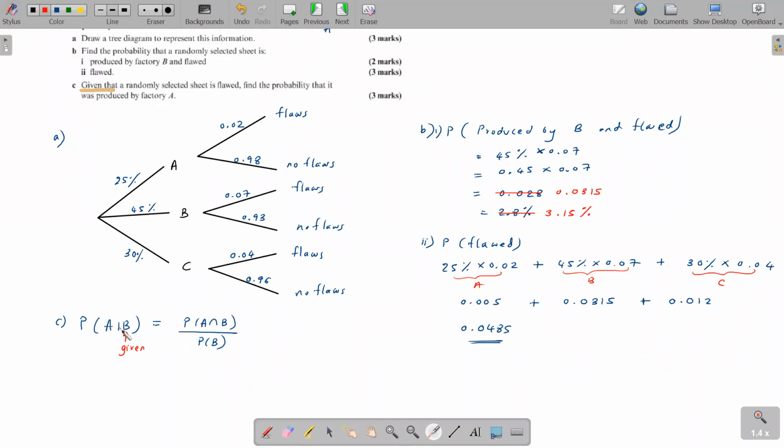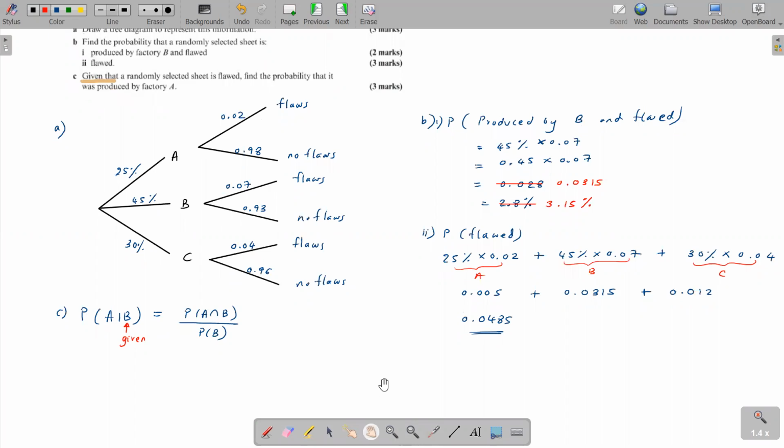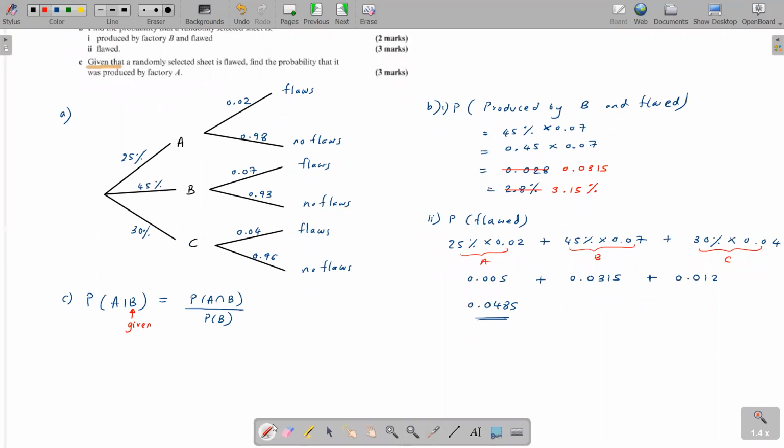So we get the probability of A happening inside B. If you remember the Venn diagram and the two-way tables, that's how it worked. I explained this a lot, so I'm not going to go into that part again. Let's just quickly go for the answer. The given part should come behind, and whatever we are finding comes to the front.